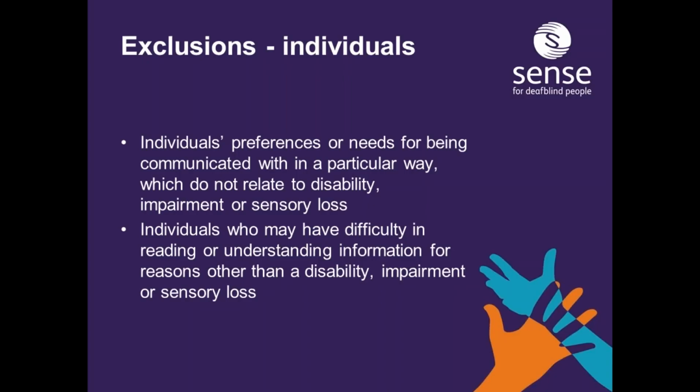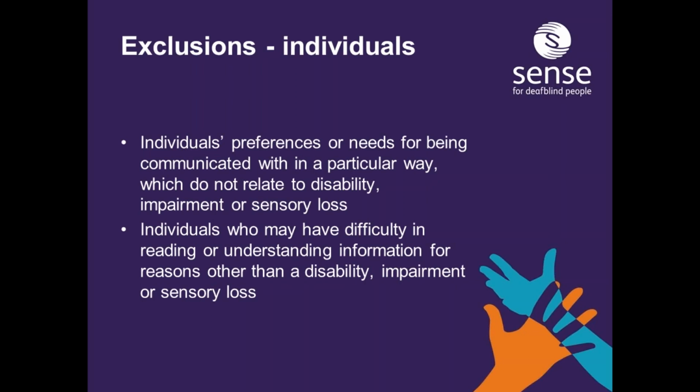So let's look at who is covered by the standard in a bit more detail. There are a few notable exclusions that I want to draw your attention to. So remember that the standard is aimed at protecting and supporting people whose communication and access to information needs are related to a disability, impairment or sensory loss.